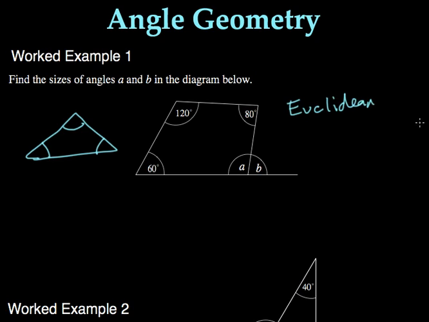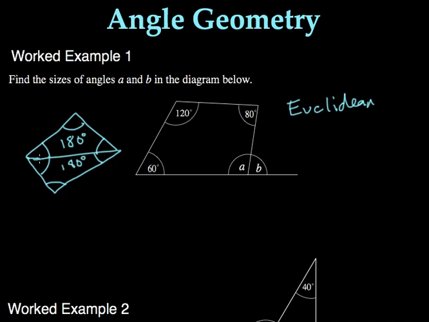Euclidean space. So in this example, you can see that we have to try to find A and B. If we know that inside any triangle there are 180 degrees in total, and if we were to draw another triangle over here, that would also have a total of 180 degrees.